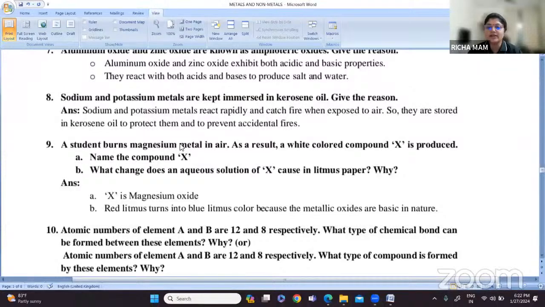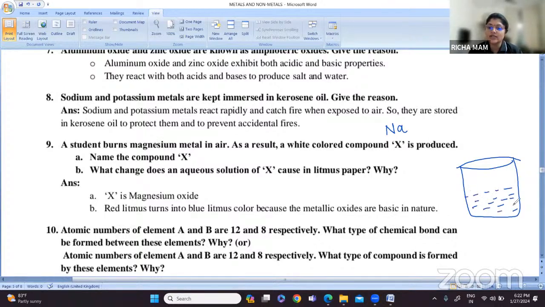Sodium and potassium metals are kept immersed in kerosene oil. If you have visited your laboratory, students, did you see that sodium metal is preserved in a closed bottle or beaker with kerosene?